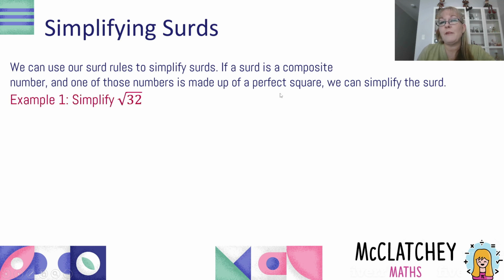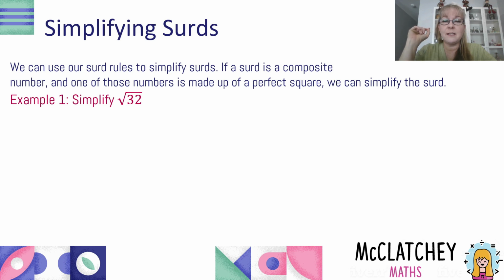So we're going to start with our first worked example, and we're going to simplify the square root of 32. Now this is where I want to be thinking of those perfect squares. So I know that, for example, 8 times 4 is 32. I know that from my times tables. And this is where, as we're getting into senior maths, knowing our times tables is really important. Now, out of 8 times 4, 4 is a perfect square.